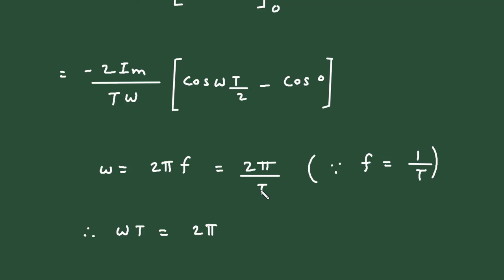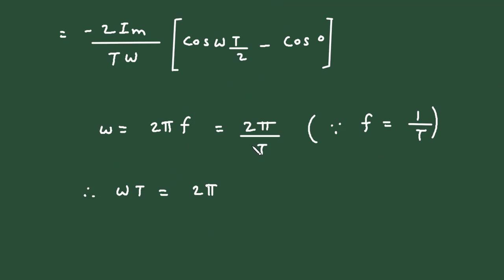Also, T by 2: if we take T on this side and 2 on this side, it will be pi by omega, pi upon omega.